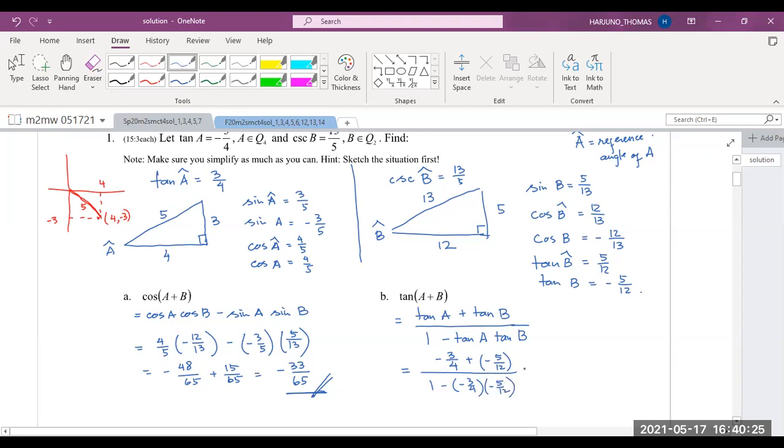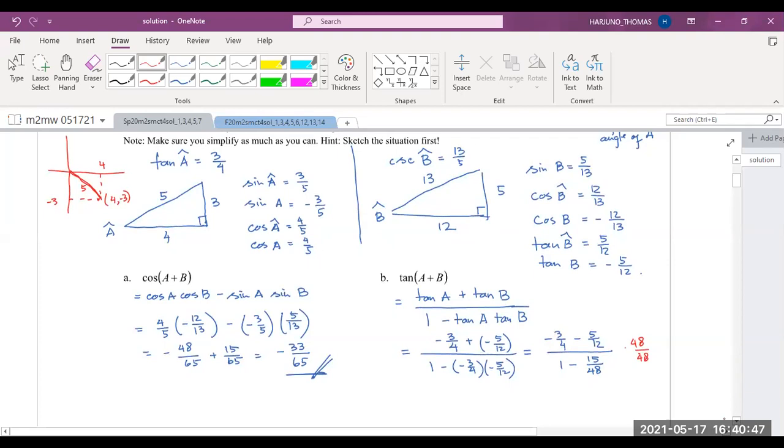Okay, let me simplify a little bit. This is negative 3/4 minus 5/12 over 1 minus 15 over 48. Multiply the top and the bottom by 48, the LCD. That will give me, on the top left, negative 36.